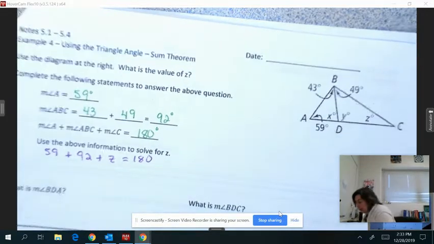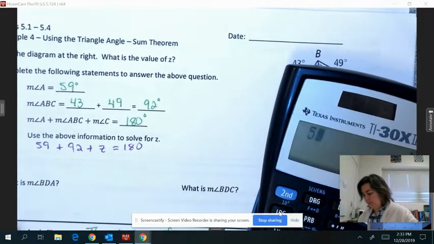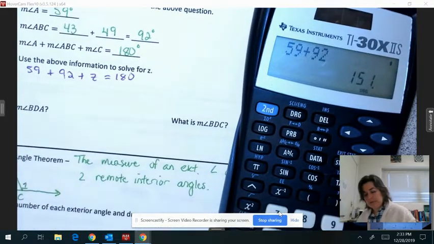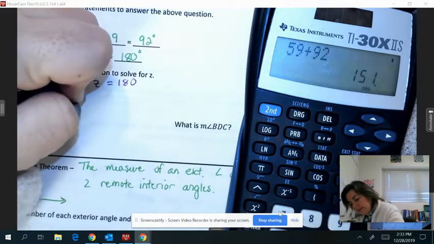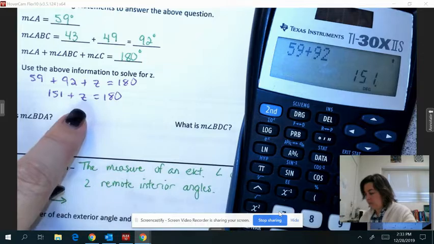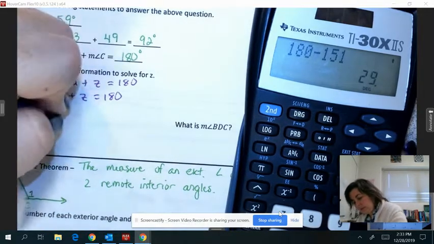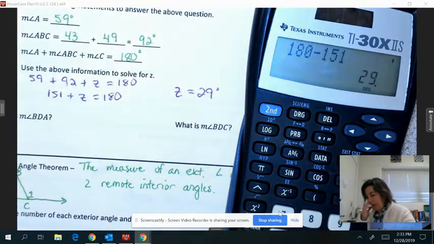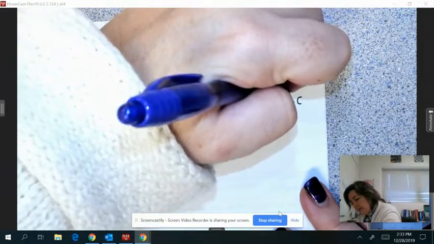So if I add those up, 59 plus 92, I get 151. So now we have 151 plus Z equals 180. We would subtract 151 from both sides. So 180 minus 151. You'll get Z is 29 degrees. I'm going to draw that in the picture to make this a little easier.